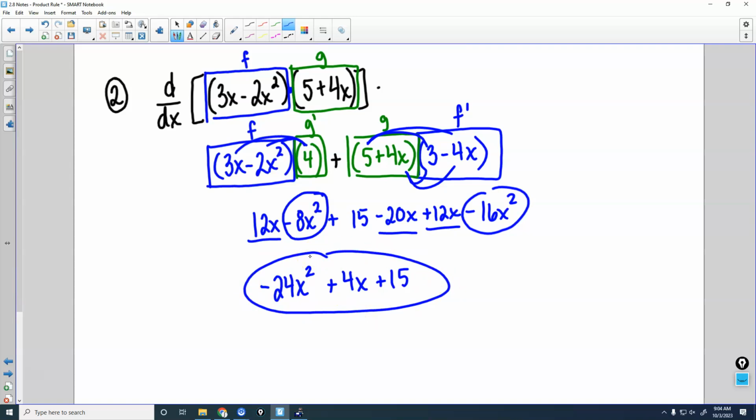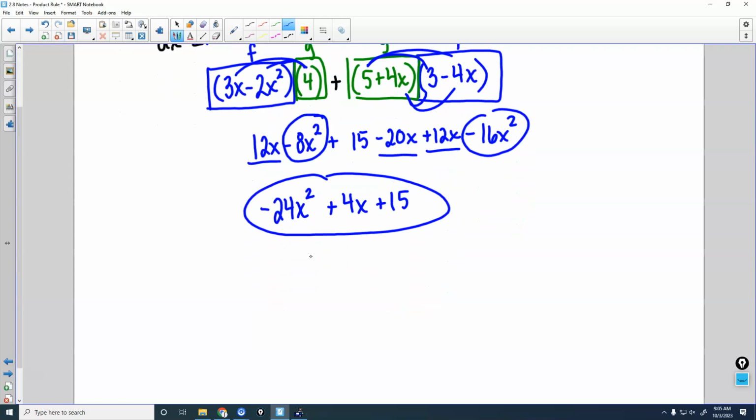Now, this particular problem does not necessarily have to be done with product rule. How could you avoid using product rule on this? What do you mean by do it together? Yes.